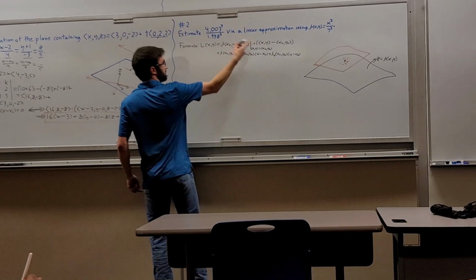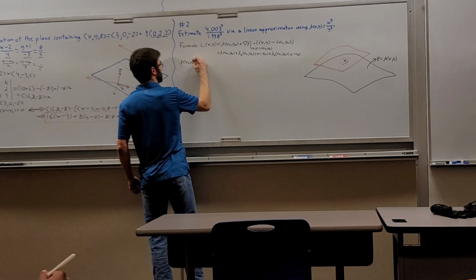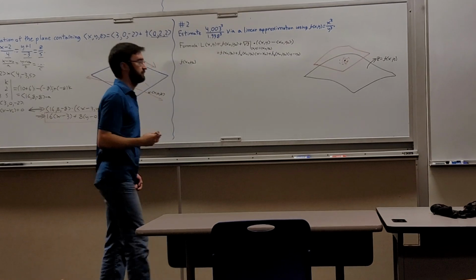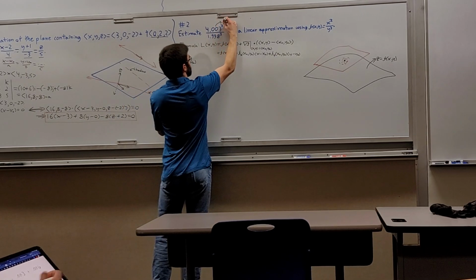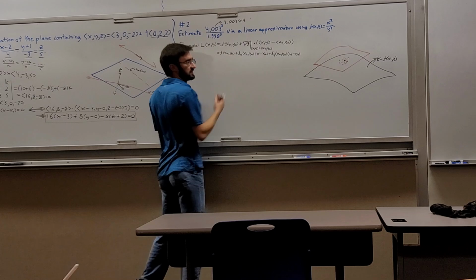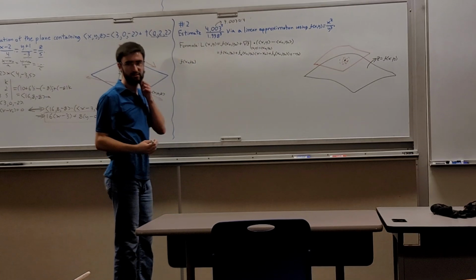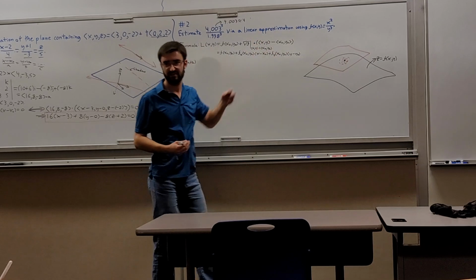So if f of x, y is given by that, then f of x naught, y naught. Well, first we have to figure out what x naught and y naught would be. You'll notice that 4.003 is really, really close to 4. So it would probably make sense to use x naught equals 4 for that. Everyone sees that?